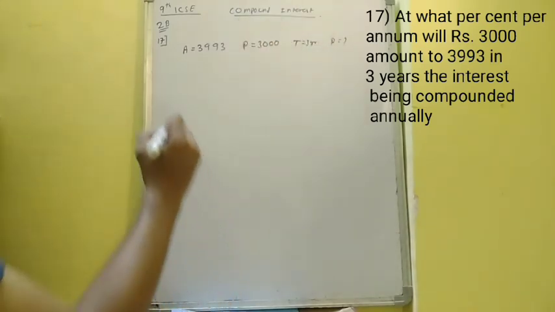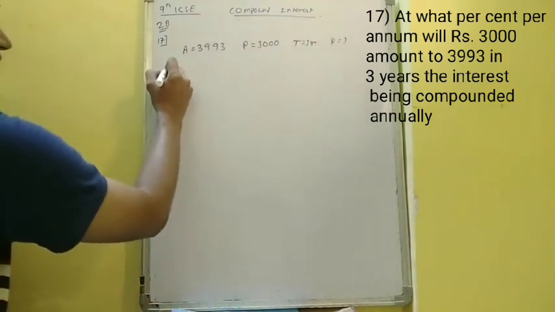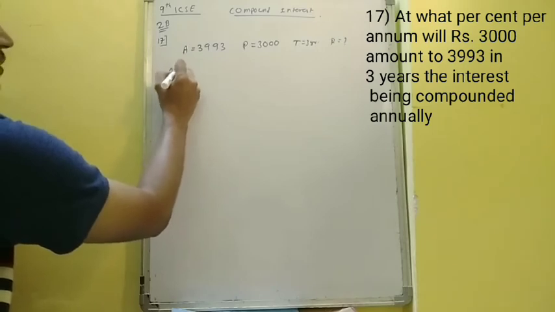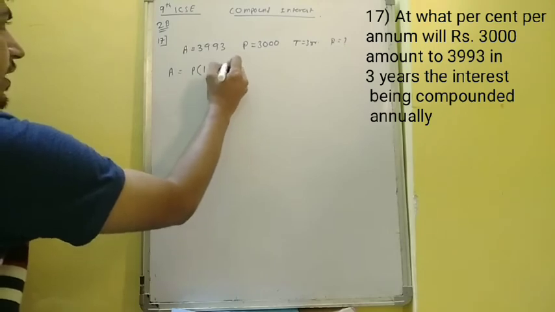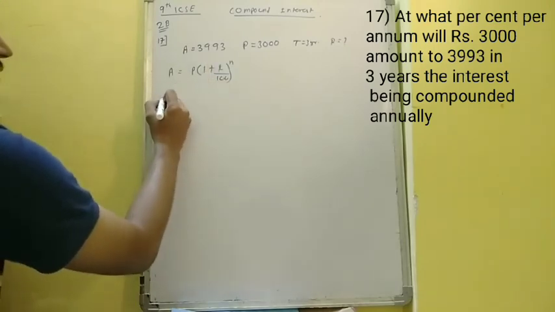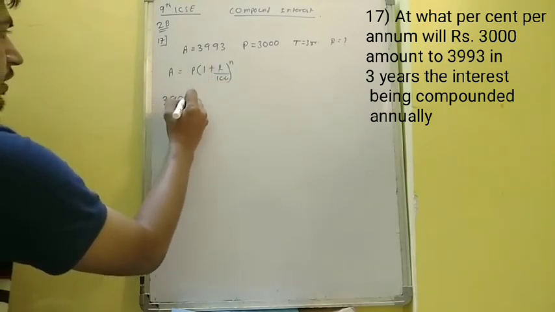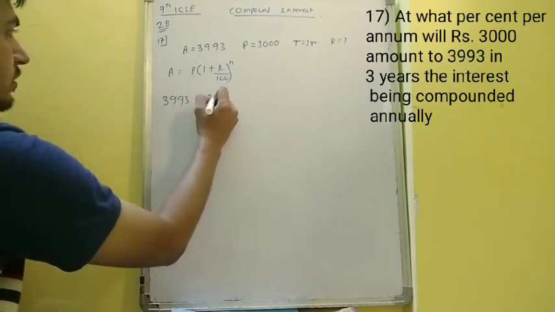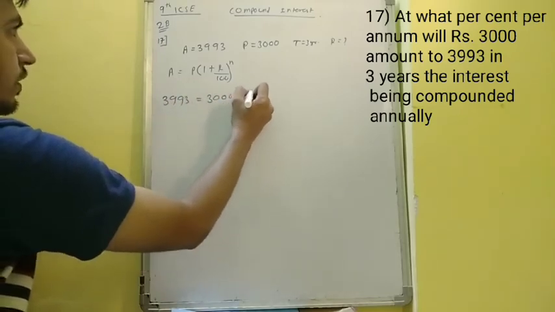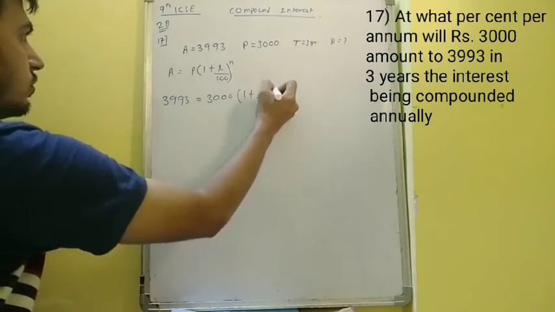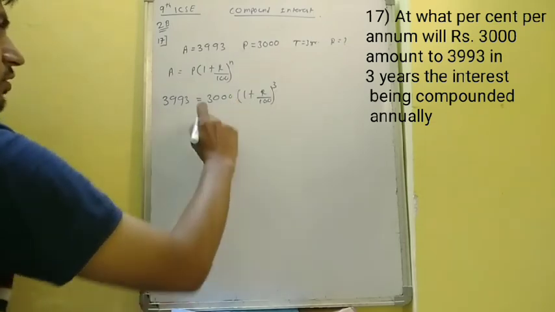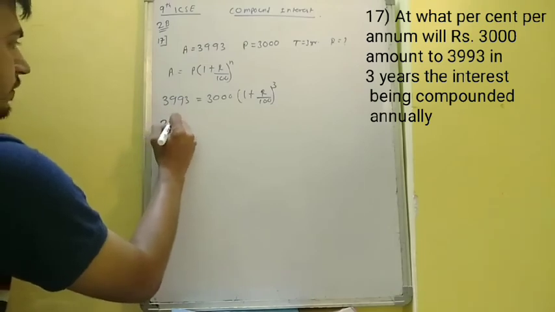As it is compounded annually, the amount is equal to P into 1 plus R upon 100 raised to n. The amount is 3993. Principal is 3000. 1 plus R upon 100 raised to n, that is 3. 3000 will come here and get divided.